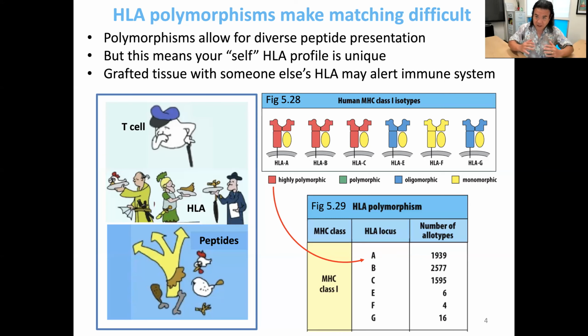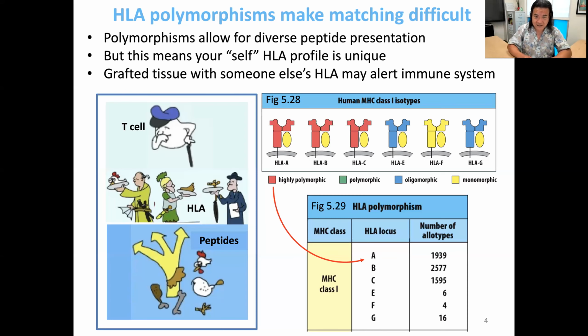Whereas other people with different polymorphisms might not present the chicken head as well. Their immune systems are at a disadvantage in terms of being alerted quickly. So because of that, and because these HLA proteins are so polymorphic, that causes a big problem.